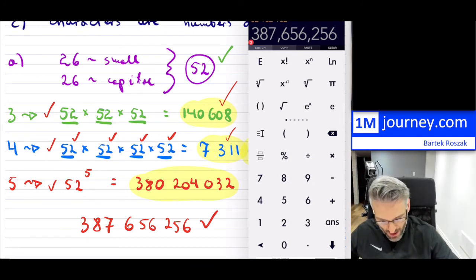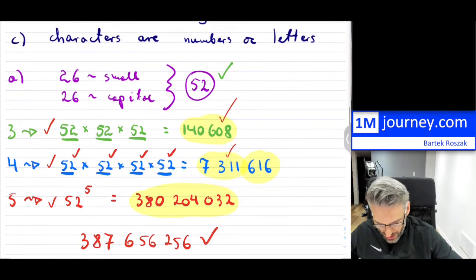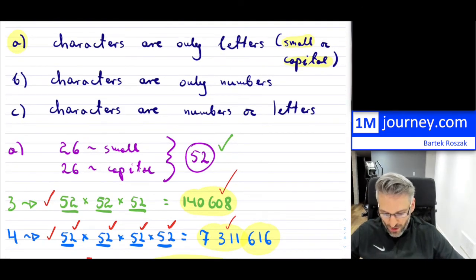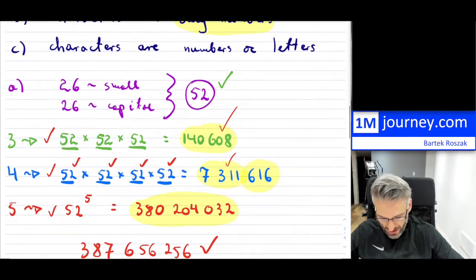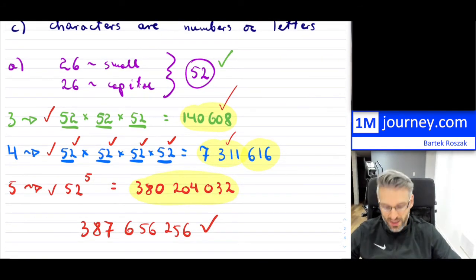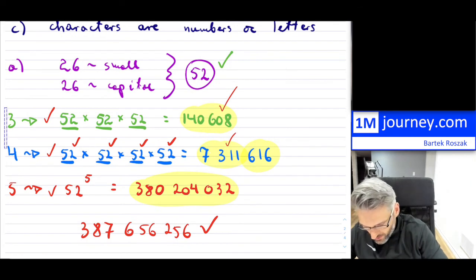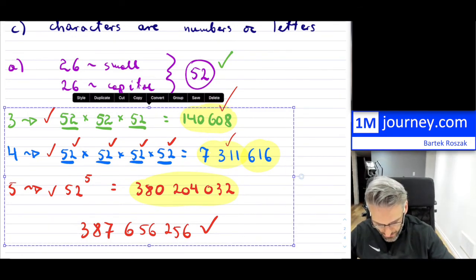Now, I've made this a little more interesting: what would have happened if the characters are only numbers? What if we restricted it and it was only numbers? I'm going to erase this so that we have space here.